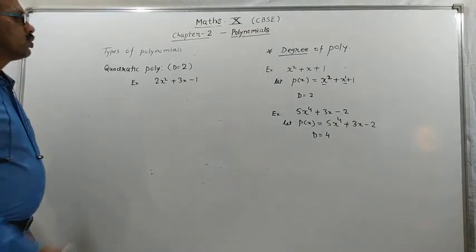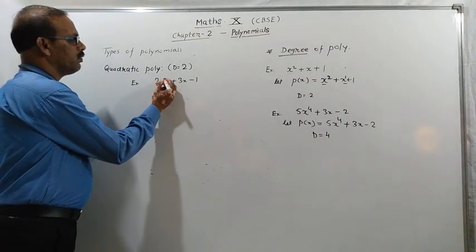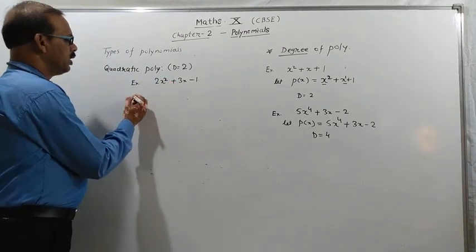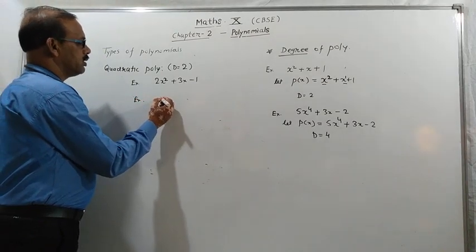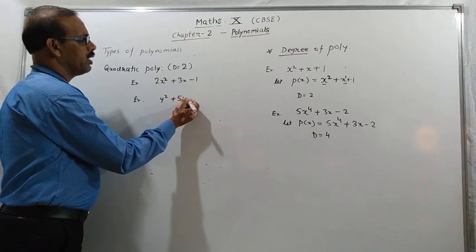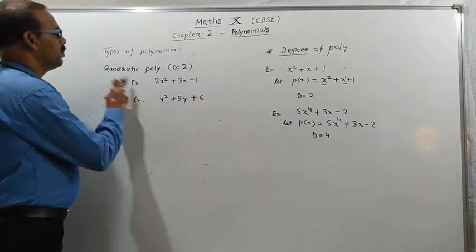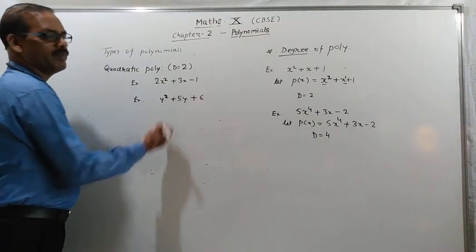This is an example of a quadratic polynomial because the degree of this polynomial is 2. One more example is y square plus 5y plus 6. This is the second example of a quadratic polynomial having degree 2.